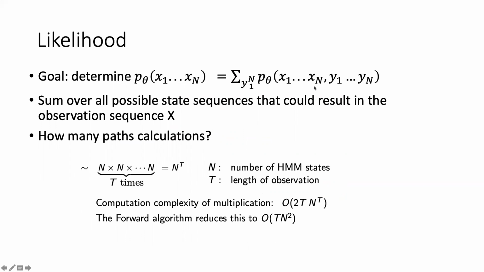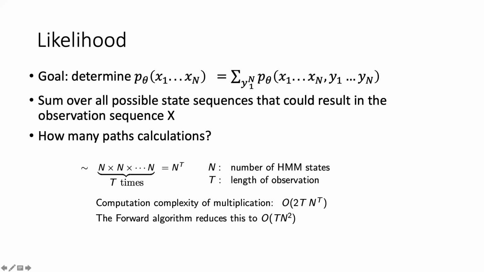Since we don't have access to the hidden states, we have to marginalize over all possible hidden state sequences. Summing over all possible state sequences could be computationally expensive.